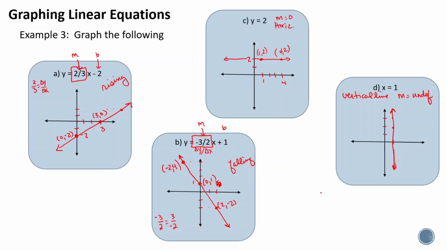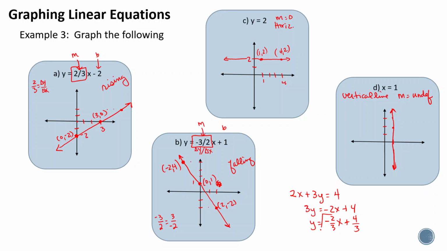Okay, now sometimes, just so you know, they may give you the equation in standard form. Okay, and so what you can do is solve for y. And so y is negative 2/3 x plus 4/3.